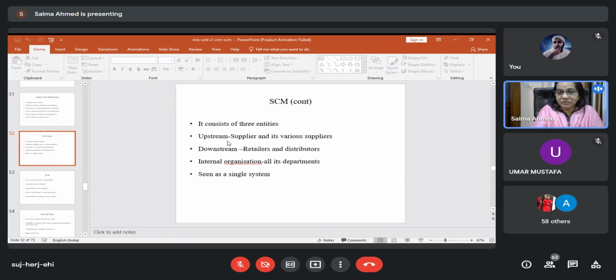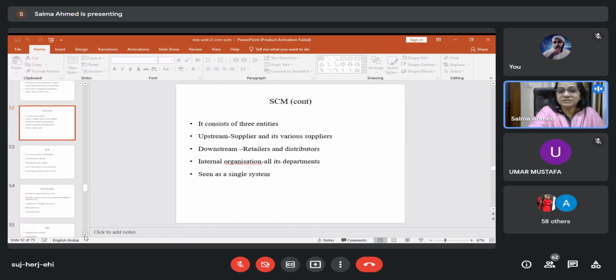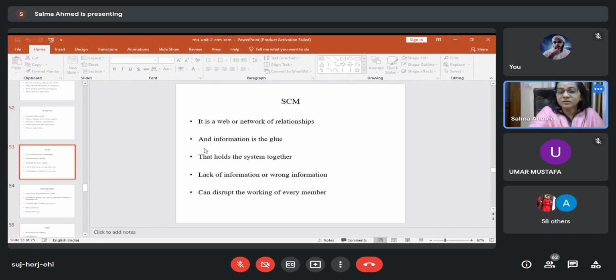In the center, the actual assembler, which is Maruti, and downstream, the dealer who is actually giving the vehicle to you. So it consists of three broad entities: the upstream supplier, the downstream retailer and distributor, and the internal organization. We see it as a single system.